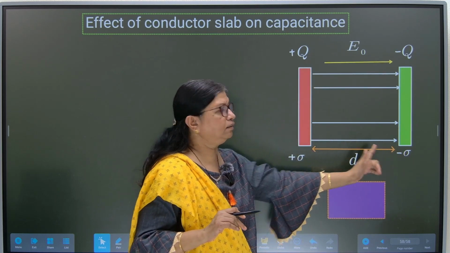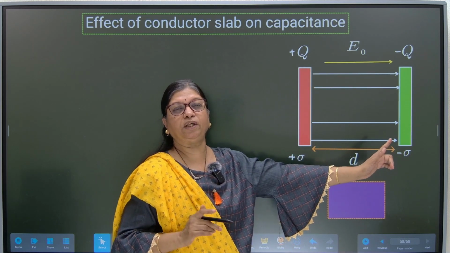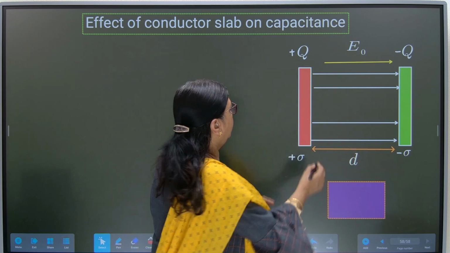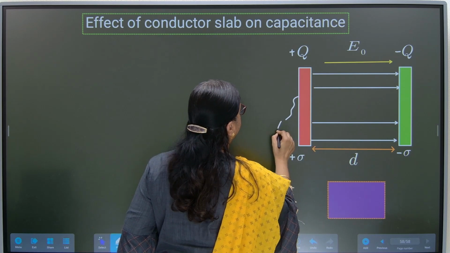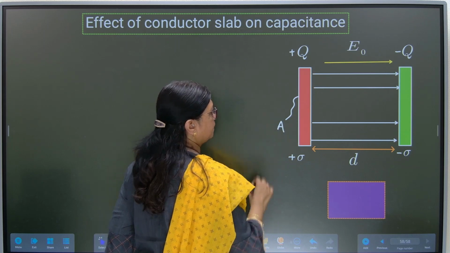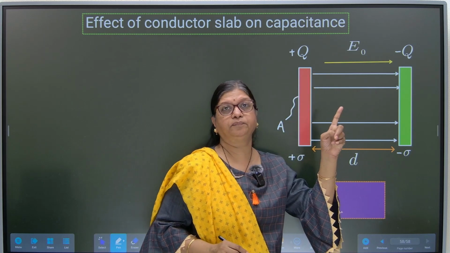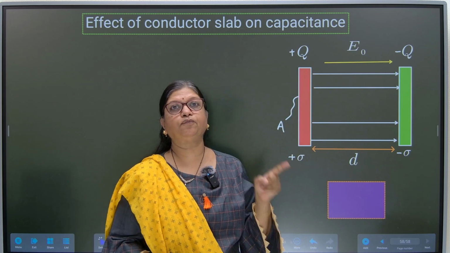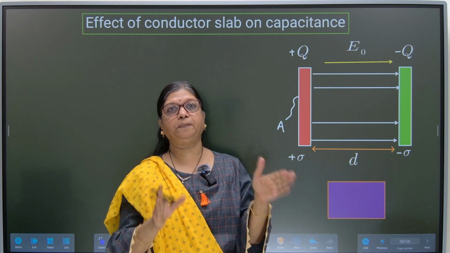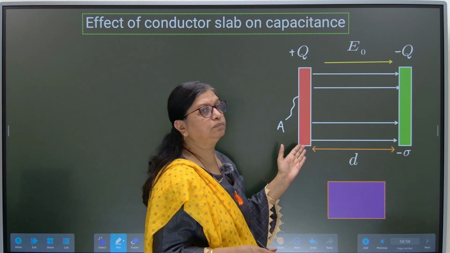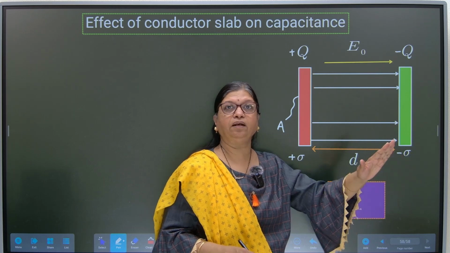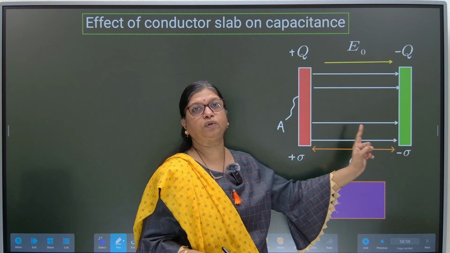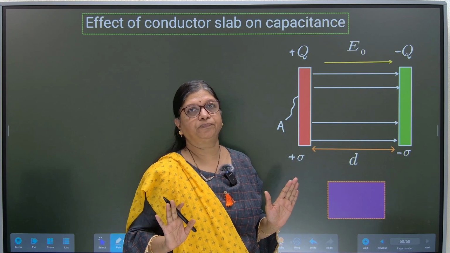D is the length between the two plates. Let us write A as the area of each plate, and E naught is the electric field between the plates from the positive sigma plate to the negative sigma plate when there is air in between the two plates.